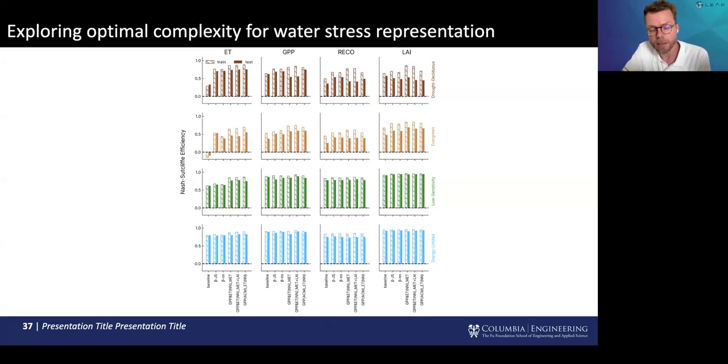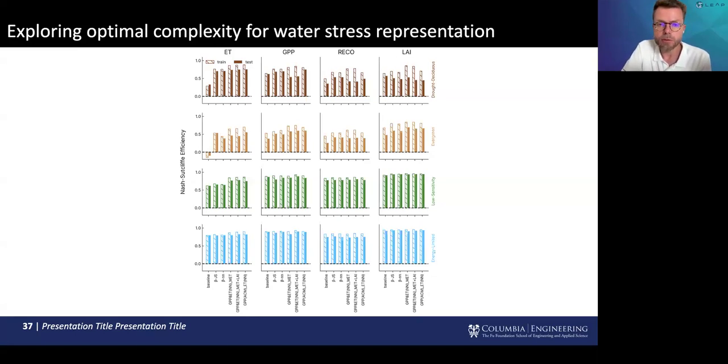So for most cases, and I should emphasize here, this is at the daily time scale. At the daily time scale, across the sites we've looked at, eddy covariance sites, it seems that there's not really any improvement in going beyond a piecewise linear, as long as you optimize where that piecewise linear function is being triggered. So basically the onset of water stress. So that seems that it's basically good enough. There's no need to get beyond that.